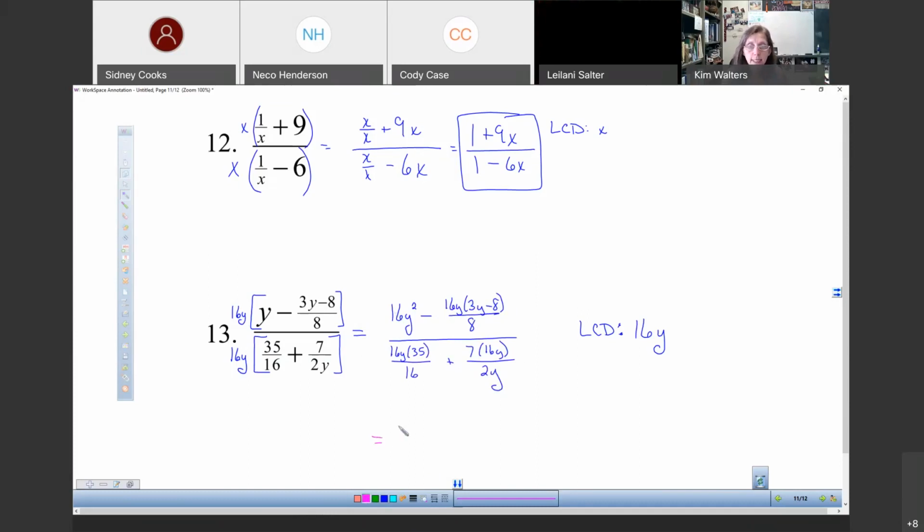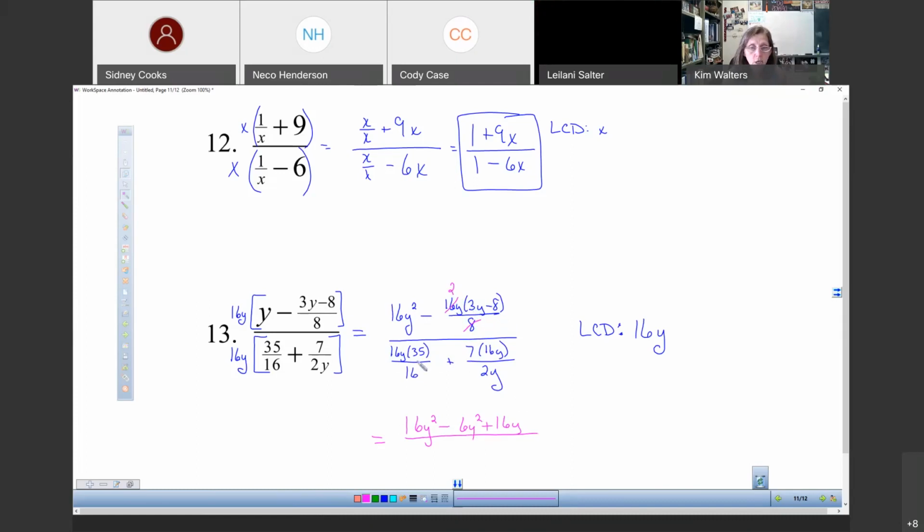So for this first part, I can't do anything with 16y squared. I'm just kind of hanging out with that. The second part, 8 divides into 16 and leaves me with 2. So I have now 2y times this, and so that's going to give me a 6y squared minus 16y, because I'm multiplying the 2y times the 3y and the 2y times the 8, except that's going to be plus. I'm going to have this minus, makes that a negative.